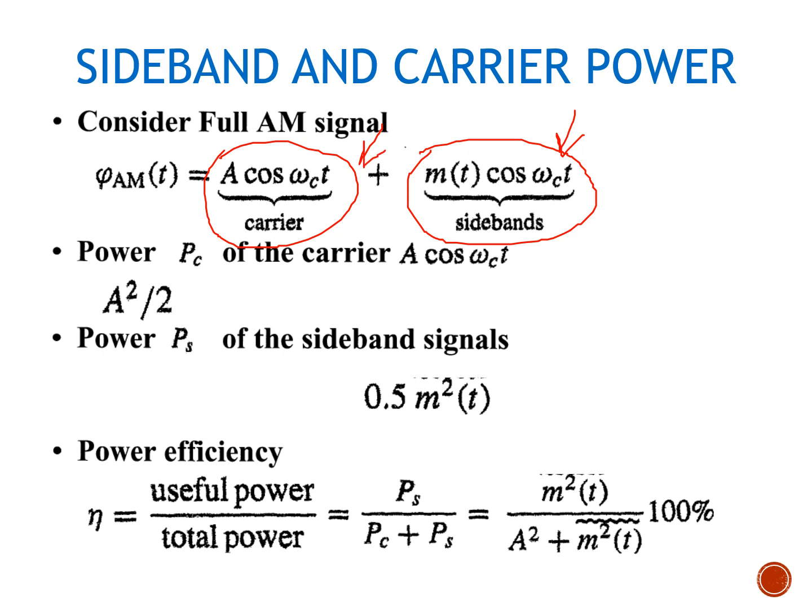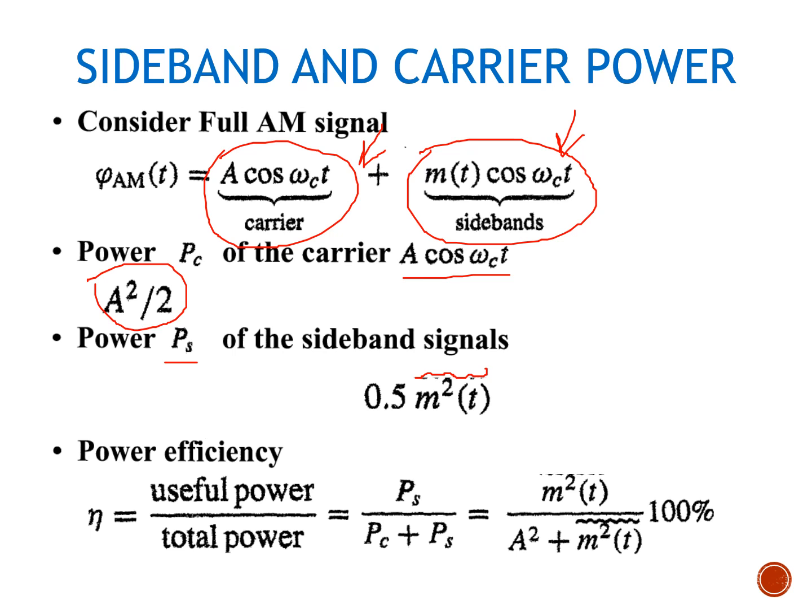Now we'll see how efficient the full AM technique is. The power of the carrier A cos omega c t is A squared by 2. The power of the sidebands is m squared(t) by 2. This is the average value of m squared(t), the RMS value in fact.